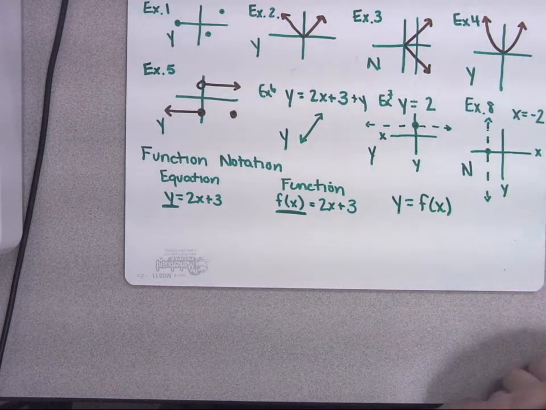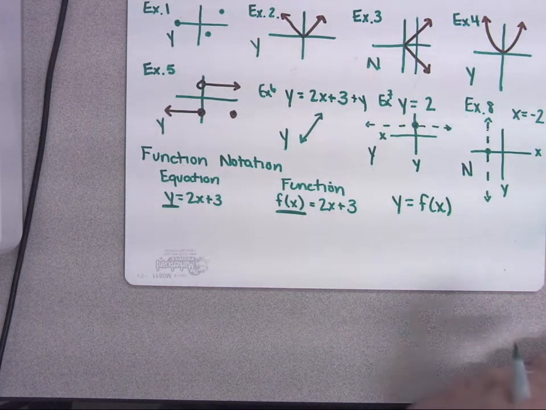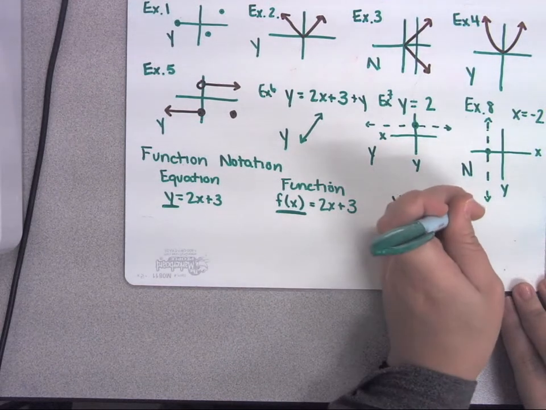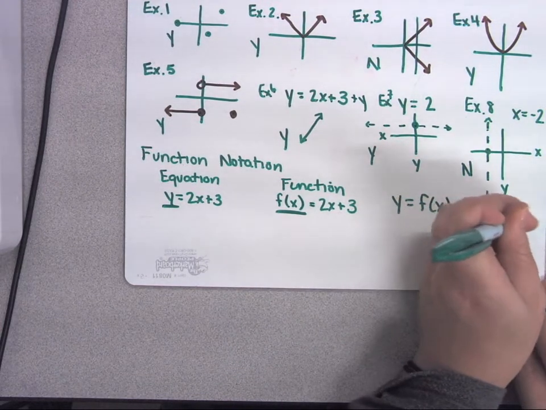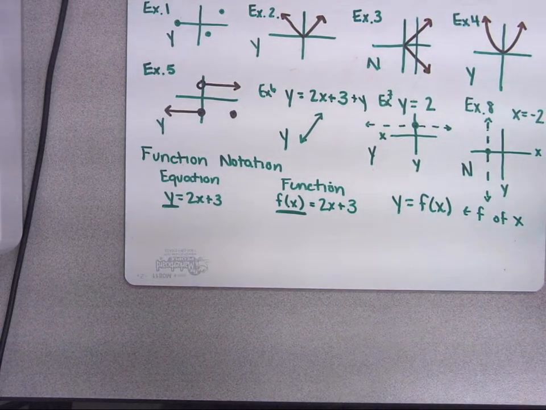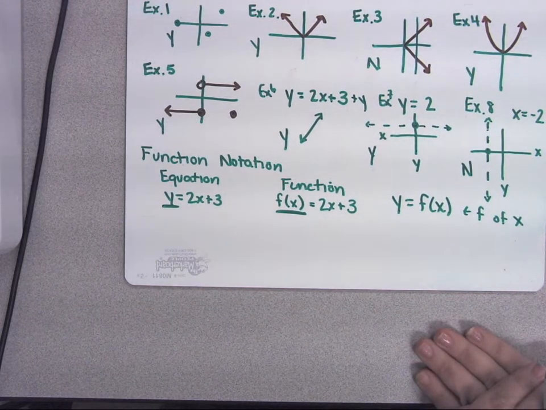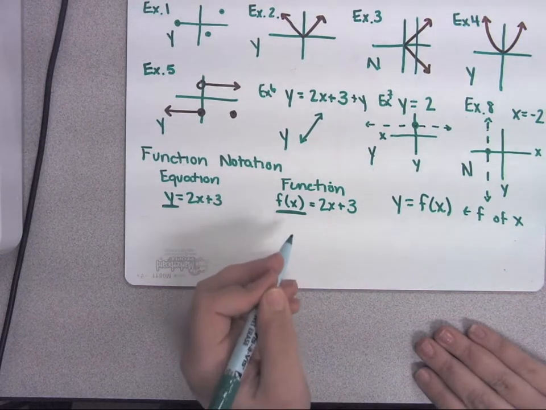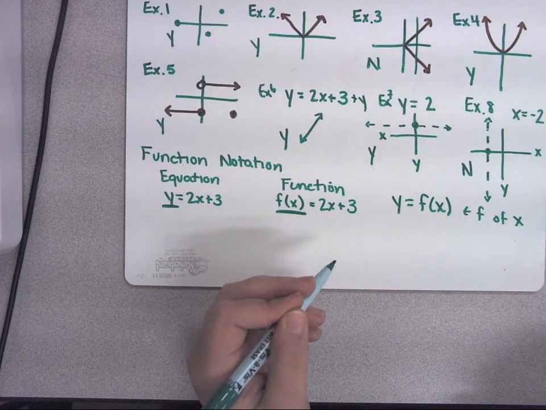They're interchangeable as long as something's a function. Also, how you say this is f of x, a function of x, or f of whatever's on the inside. So if you see f of x, that means they're telling you it is a function. You don't have to guess.